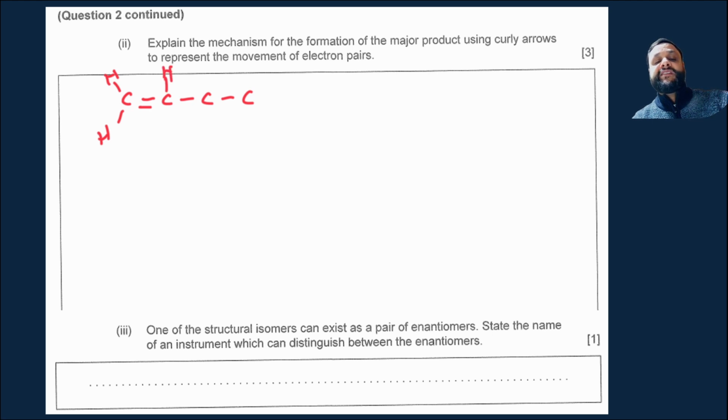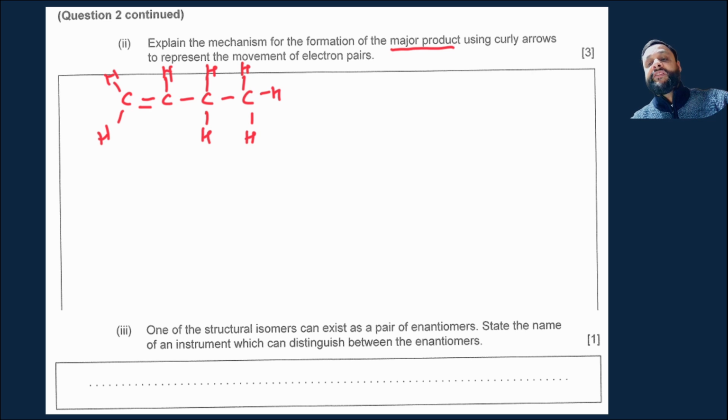The second carbon will have 1 hydrogen, then 2 here, 2, 3, and 1, 4. We have an unsymmetrical alkene. Unsymmetrical alkenes form 2 products. In this question, we have been asked to represent the mechanism for the major product.